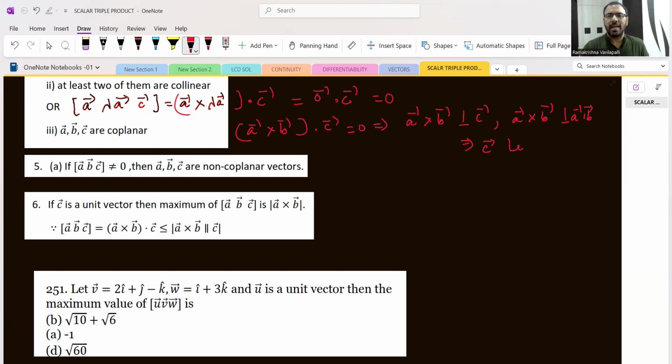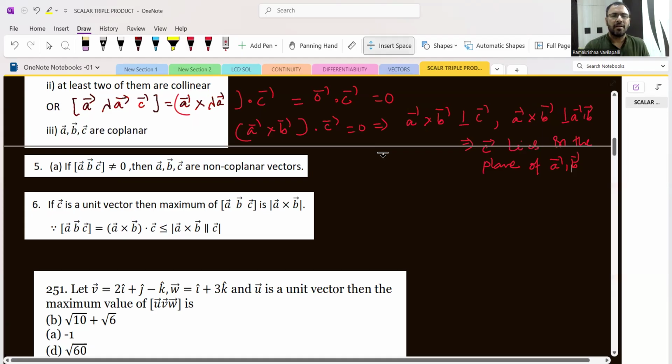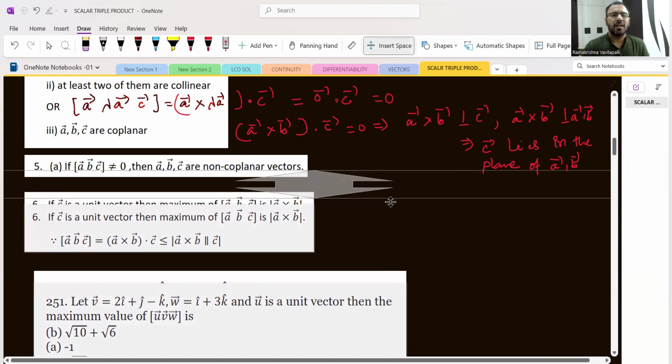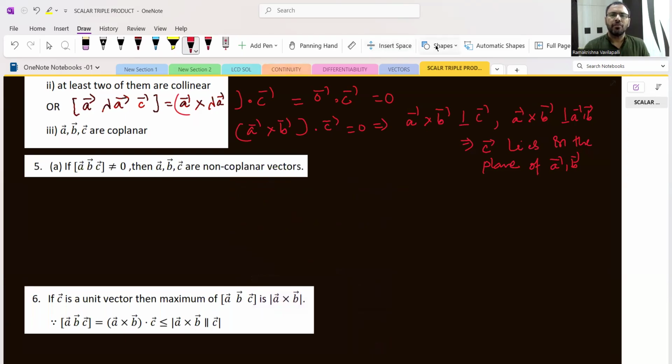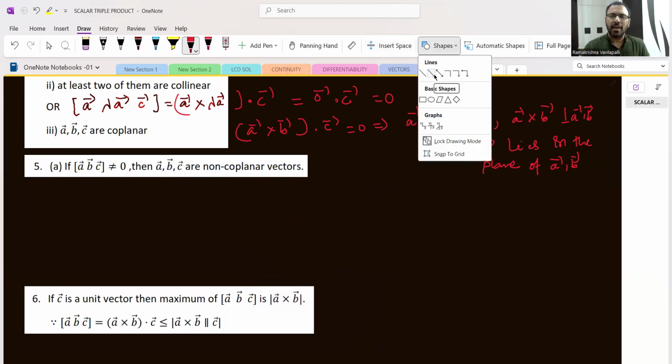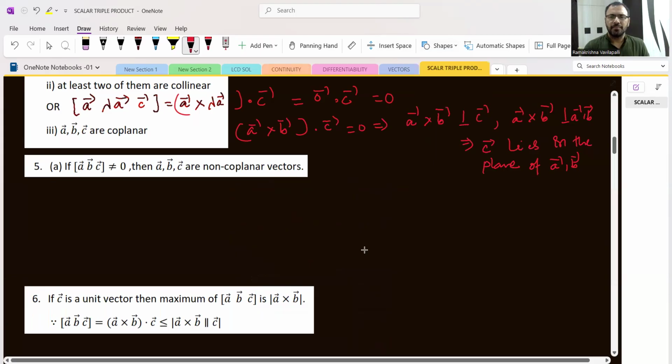If you want, I'll draw a small diagram like this.